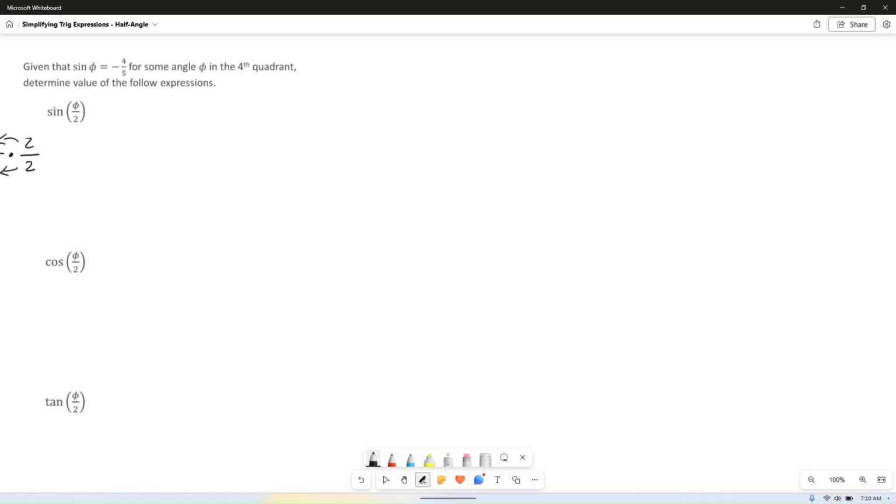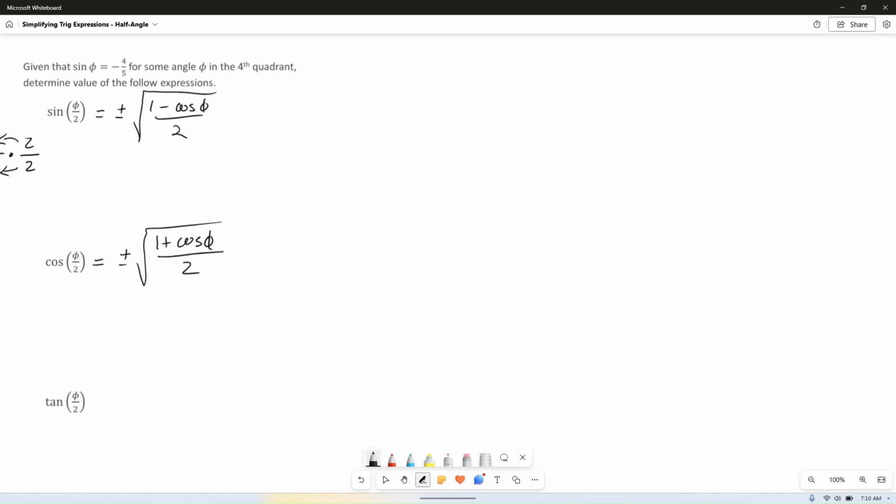So let's first write down what the identities are for each of these. I know the sine of phi over 2 is going to be plus or minus the square root of 1 minus the cosine of phi, all over 2. The cosine of phi over 2 is also going to be plus or minus the square root of 1 plus the cosine of phi, and then all of that over 2.